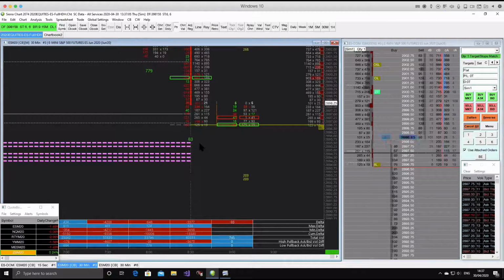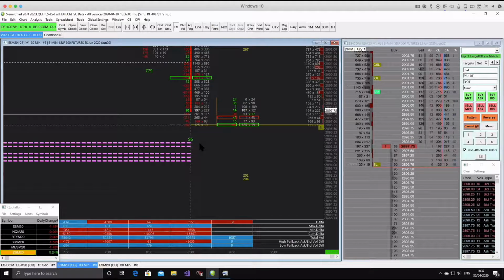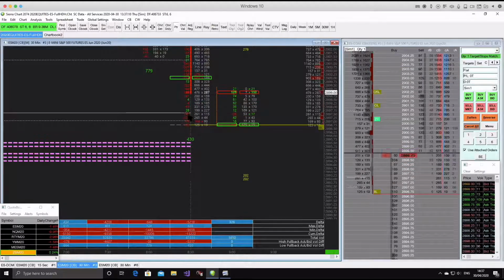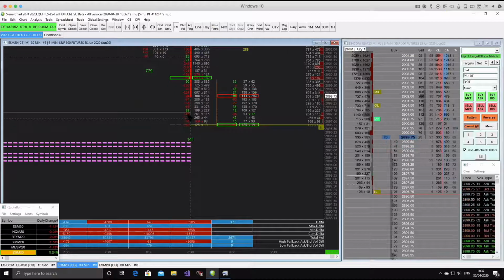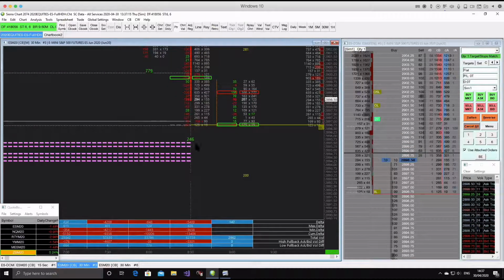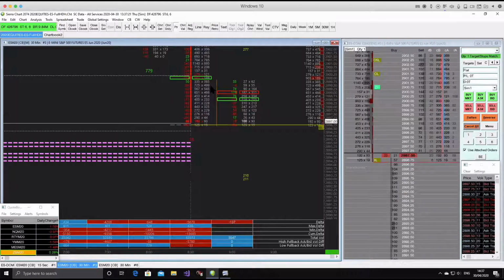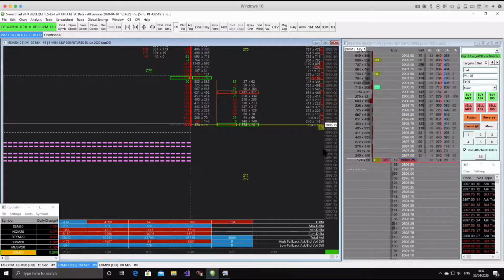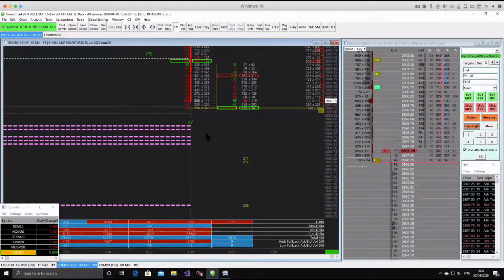And during the open, it can be very hard to see. But the rationale is we know here we've got 300, 350 that have been aggressively sold. How much of that do we need to see bought to be thinking about going long? And we can apply that at both ends. We're going to continue down. It's unfinished business.